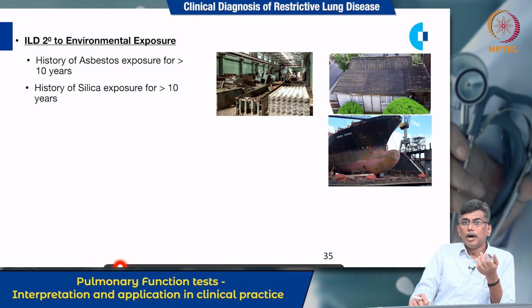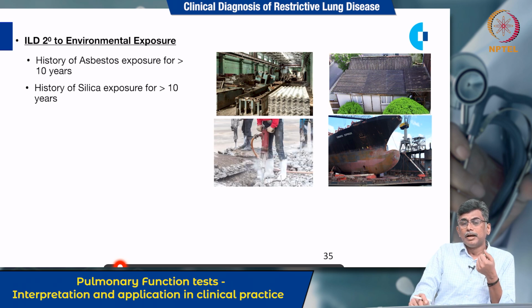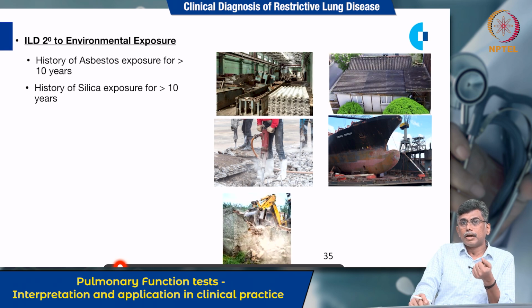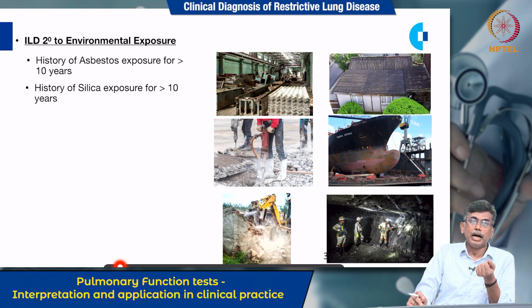Or we ask for history of exposure to silica, like whether they blast concrete with machines, or dispose of concrete rubbish, or work in mines which produce silica. So these help us to identify that the probable ILD is due to silicosis. Both asbestos and silica require a history of exposure for more than 10 years.